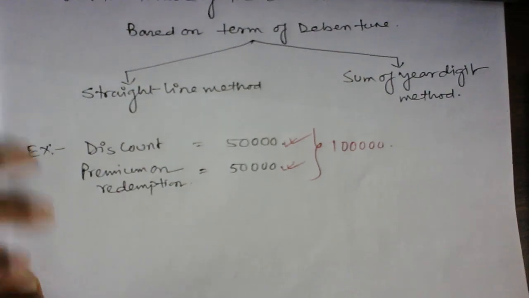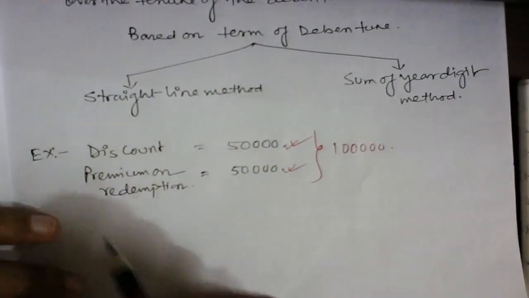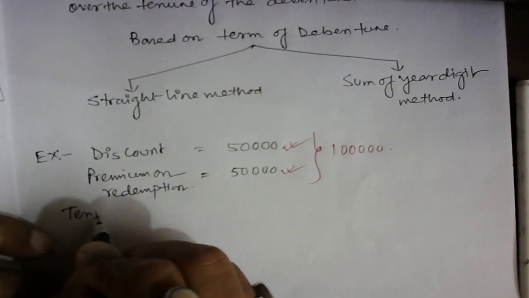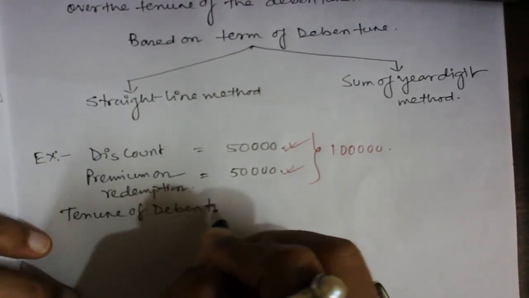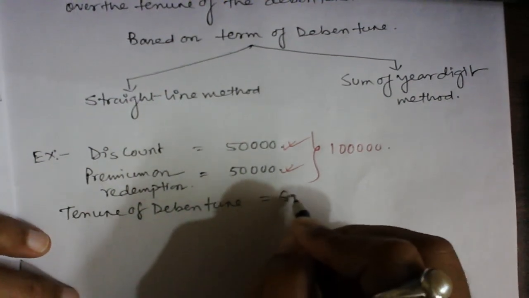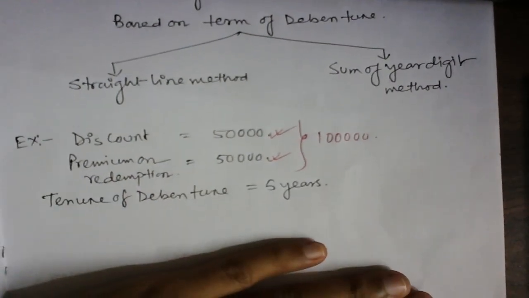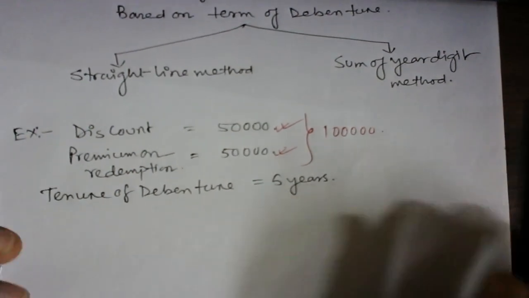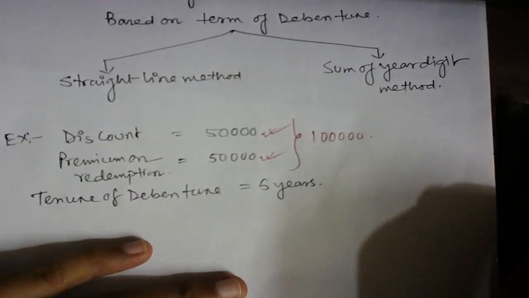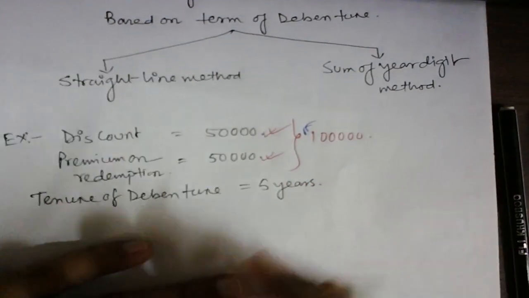So now this 1 lakh, let's say the tenure of debenture is 5 years. So guys, we have to write off the amount of rupees 1 lakh for the next 5 years.